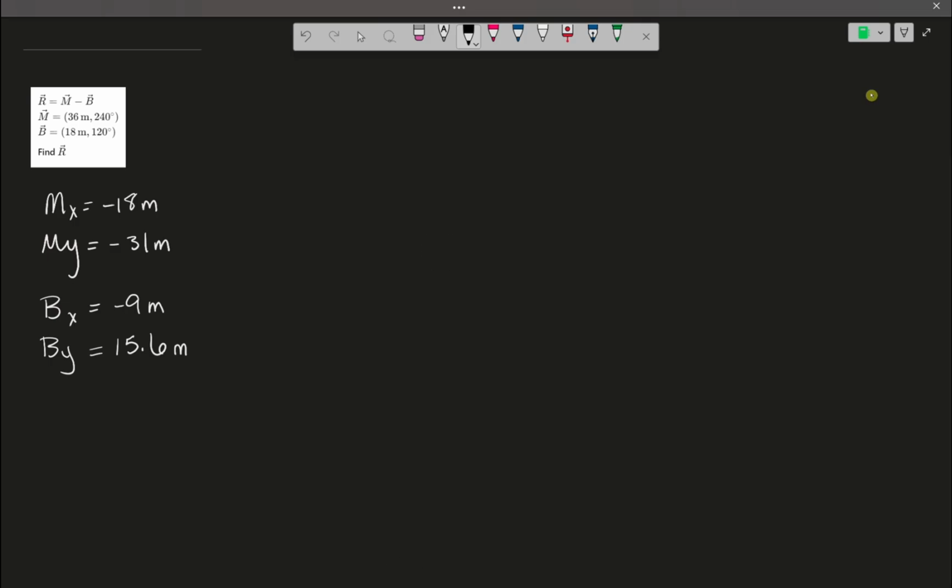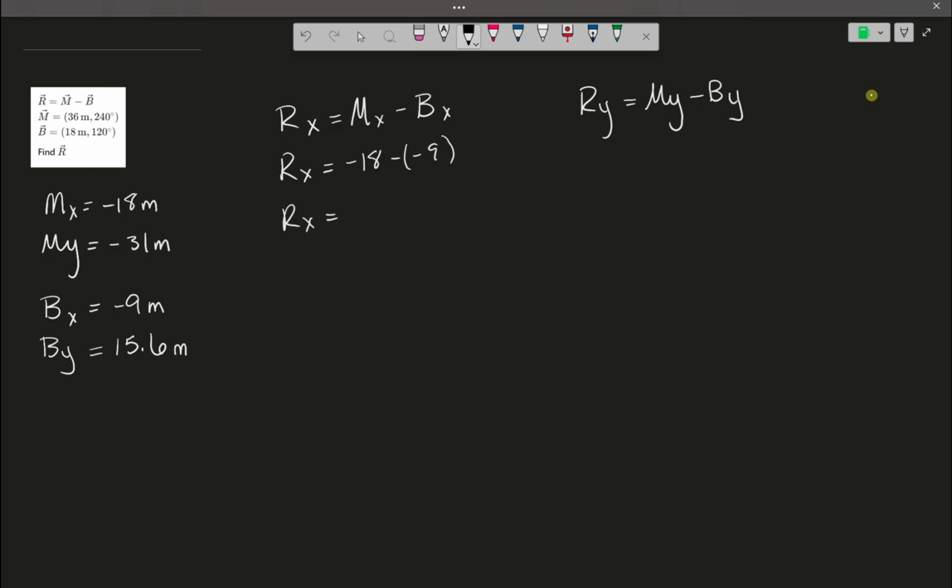So, this is very similar to vector addition, but this time we are going to subtract them from each other, right? So, the x component of our resultant vector is going to be mx minus bx, and the y component is going to be my minus by. So Rx is going to be negative 18 minus negative 9.